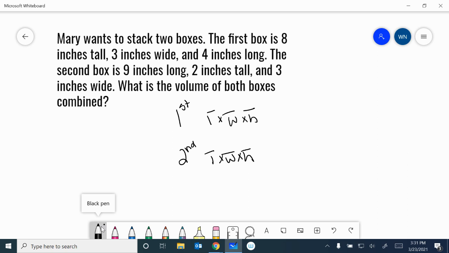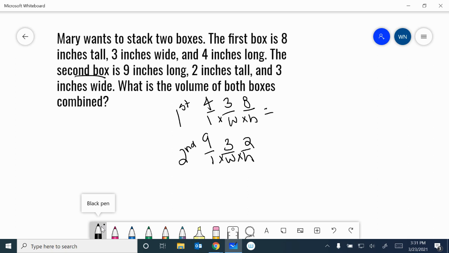All right, so for this one, our first box is 8 inches tall, so that's our height, 3 inches wide, and 4 inches long. Remember, because of the commutative property of multiplication, it actually doesn't matter what order you put them in, but I like to make sure they're in at least what I think is the right order. The second box is 9 inches long, 2 inches tall, and 3 inches wide.